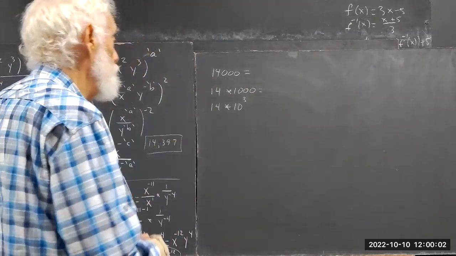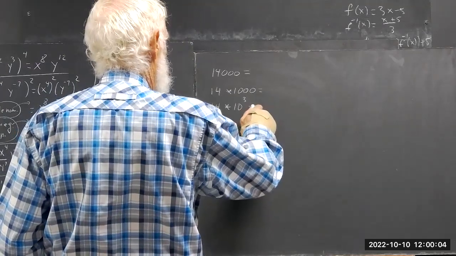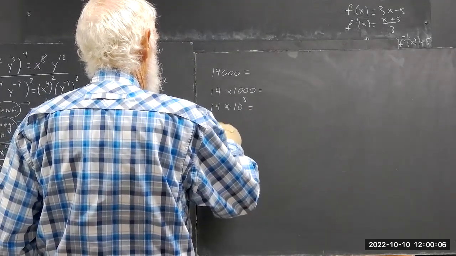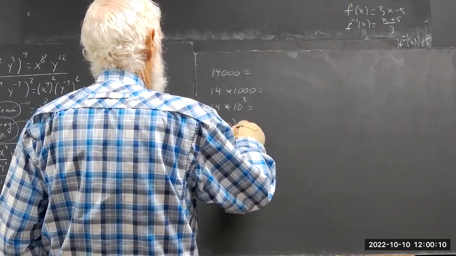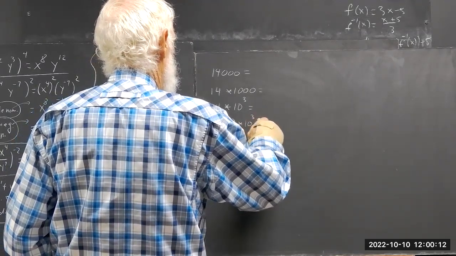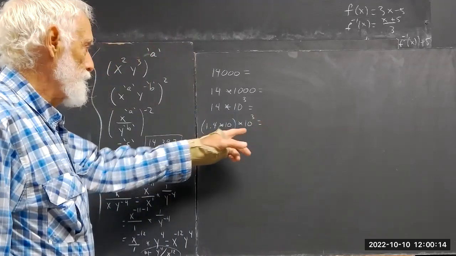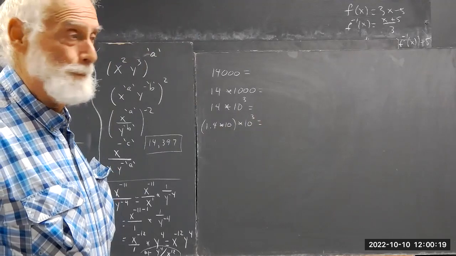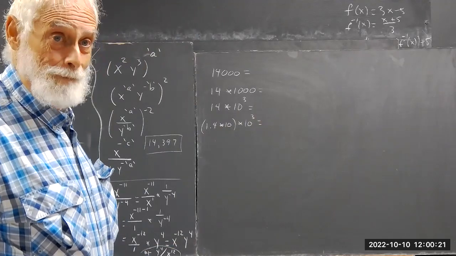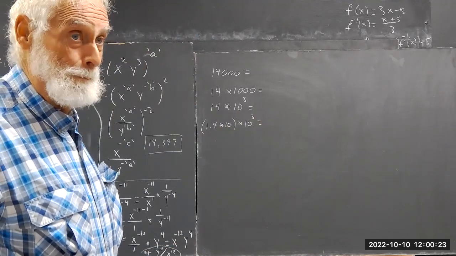Now, 14 could be written as 1.4 times 10 multiplied by 10 to the third. That okay? Everybody understand that?